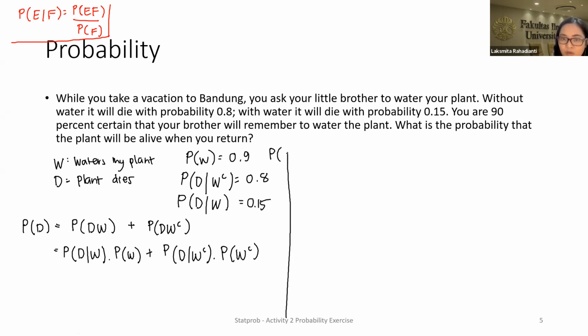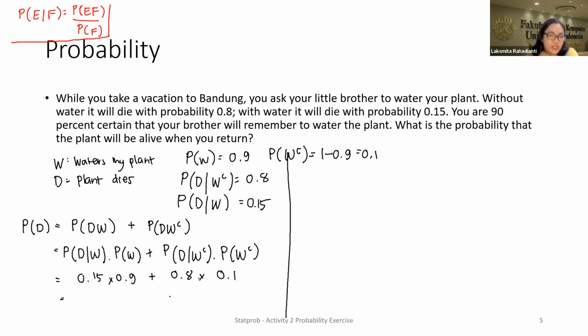As such, we can also know that the probability of it not getting watered would be 1 minus 0.9, or 0.1. So in this case, we can compute 0.15 times 0.9 plus 0.8 times 0.1.